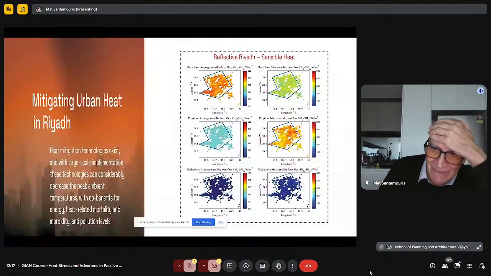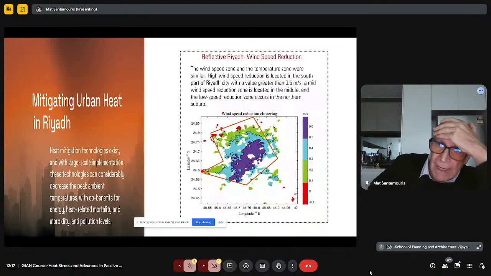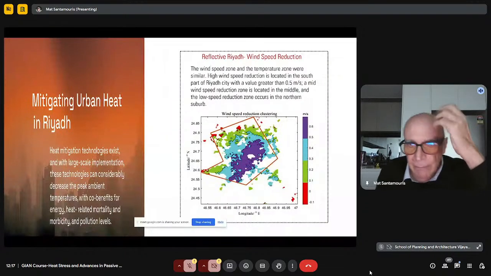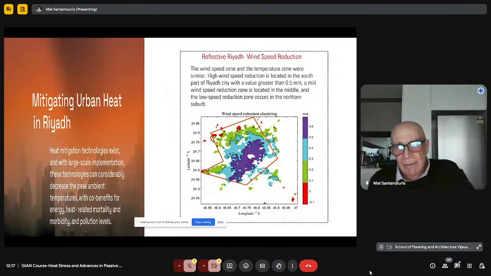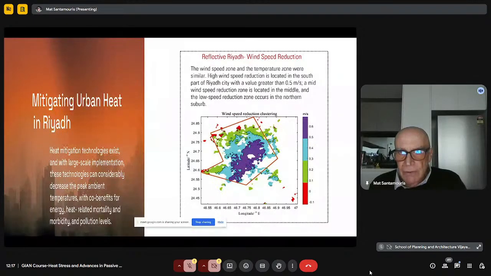Welcome. So we have seen that by using this technology, we have succeeded in decreasing the sensible heat during the daytime. And something very important: the wind speed and the temperature zone were similar. When we had an important decrease of the temperature, we also had an important decrease of the wind speed.